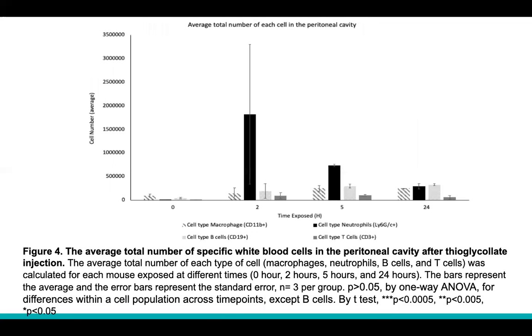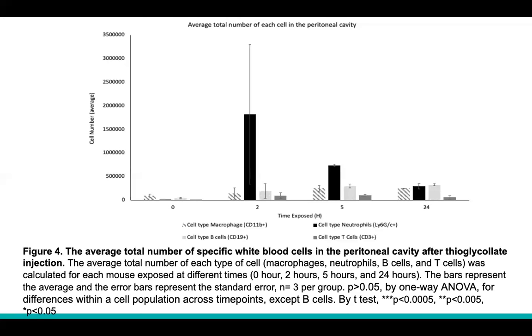Figure 4 shows the average total number of each cell in the peritoneal cavity. Each cell type was found by flow cytometry and calculated for each mouse at different time points. Macrophages were found to be significant with a 0.05 p-value at the 0 versus 24-hour time point. Neutrophils were significant at the 0 versus 5 and 0 versus 24-hour time points with a 0.005 p-value. There was a sharp increase in neutrophils between 0 and 2 hours, then they decreased from 2 to 24 hours.